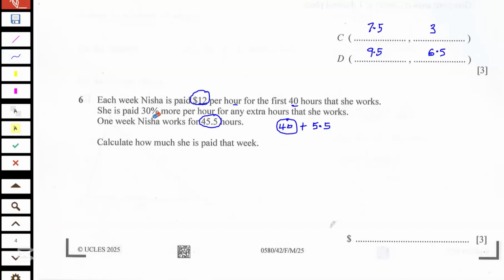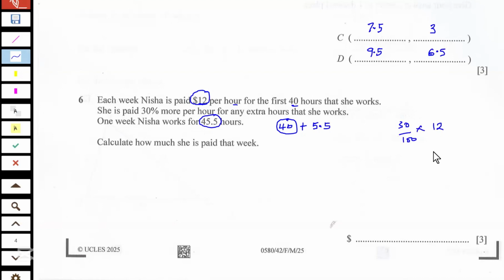Now, she is paid 30% more per hour for any extra hours that she worked. So we're going to calculate 30% of $12. And 30% of $12 is going to be 30 over 100 times $12.